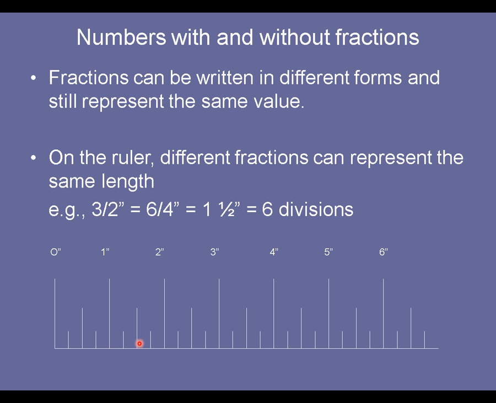So up to here you have 6 divisions starting from the left side, right? Now, these 6 divisions can be represented in several different ways. If you look carefully, up to here this is 1, right? And then this is basically the middle of 1 and 2. That means you are at 1 and a half. So instead of just writing 6 divisions, you can write 1 and a half.